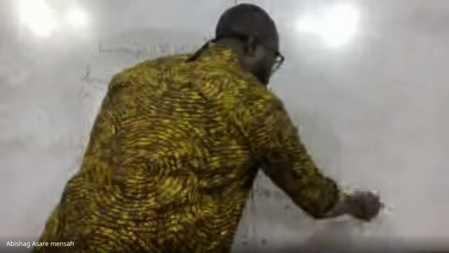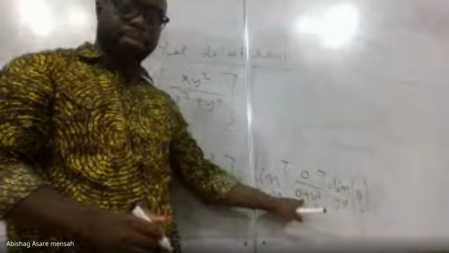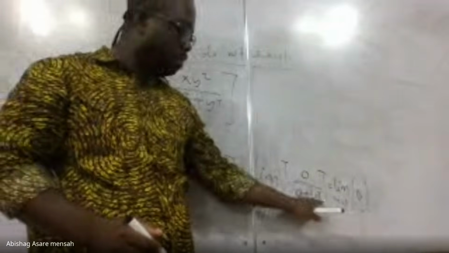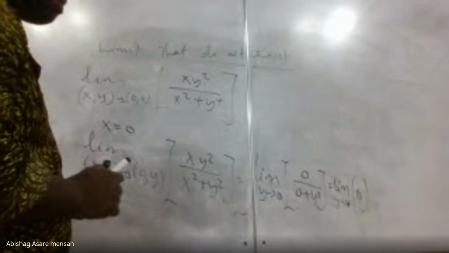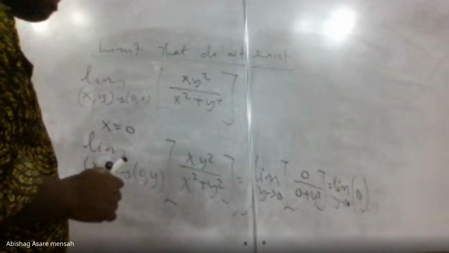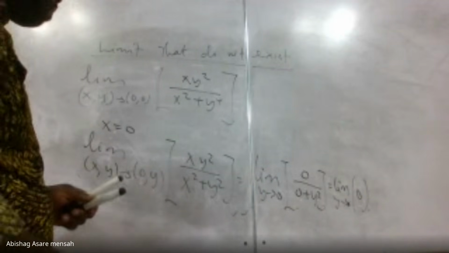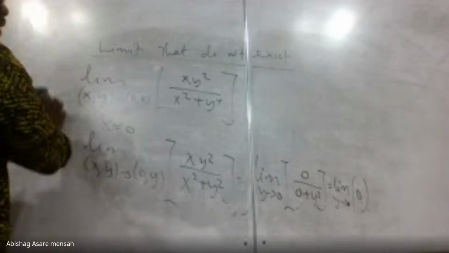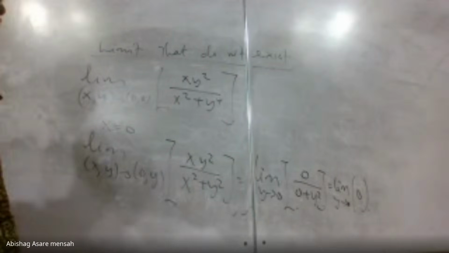And the limit as y approaches 0 will be 0. Whatever is here is 0. If you find the limit as y approaches 0, the result will also go to 0. Please, any question before we move on to when y is 0?